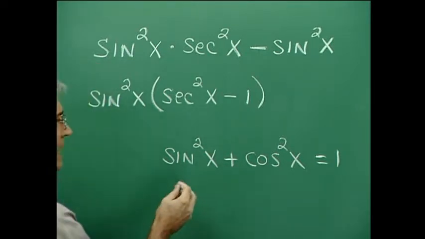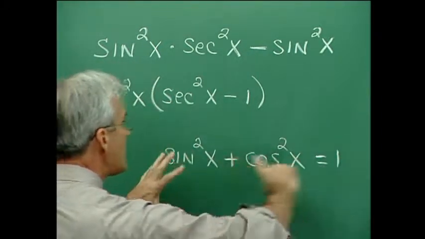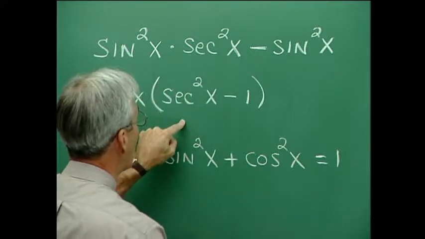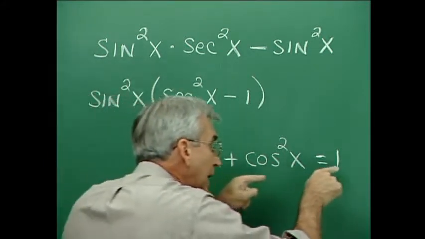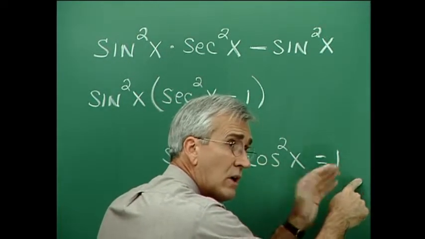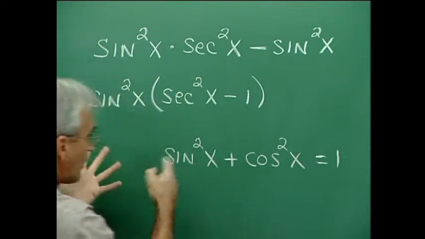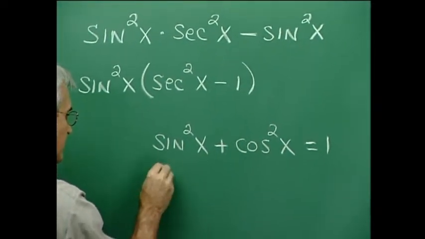I'm tipped off here that I want something that looks like secant squared, and I know secant squared is 1 over cosine squared. If I divide through by cosine squared, I'll have 1 over cosine squared here, secant squared. So that's my tip off that I need to divide by cosine squared. So I'm doing this.